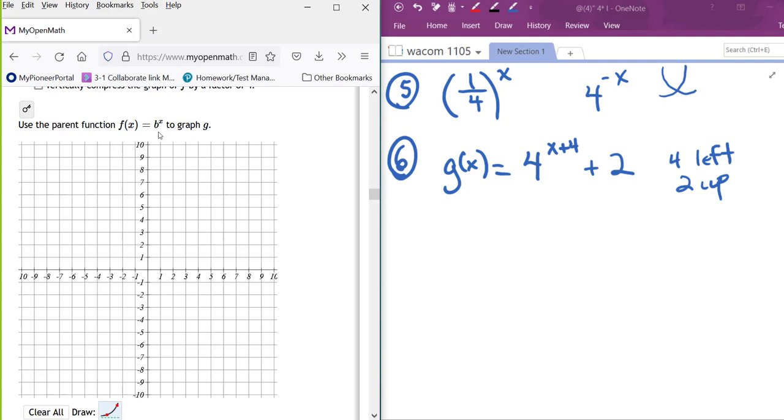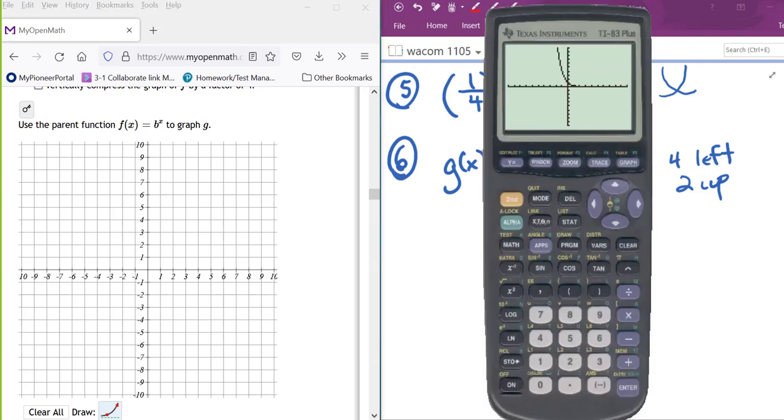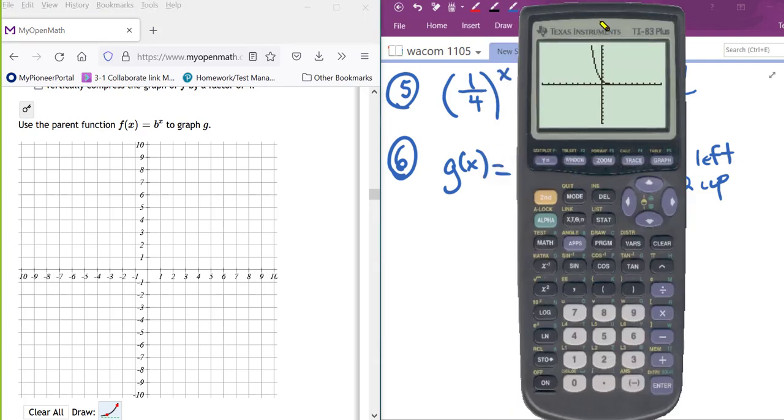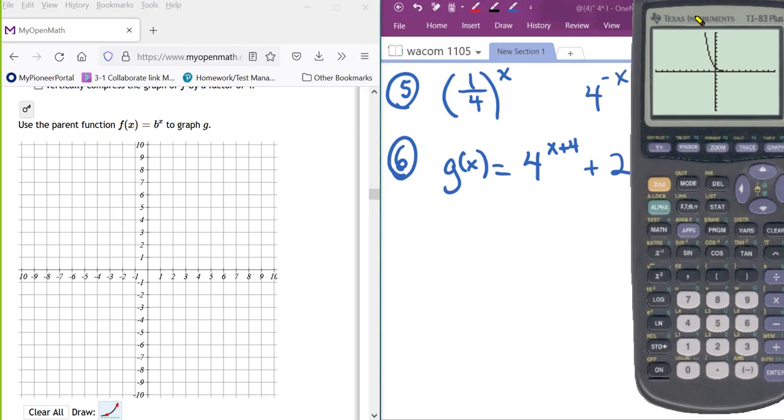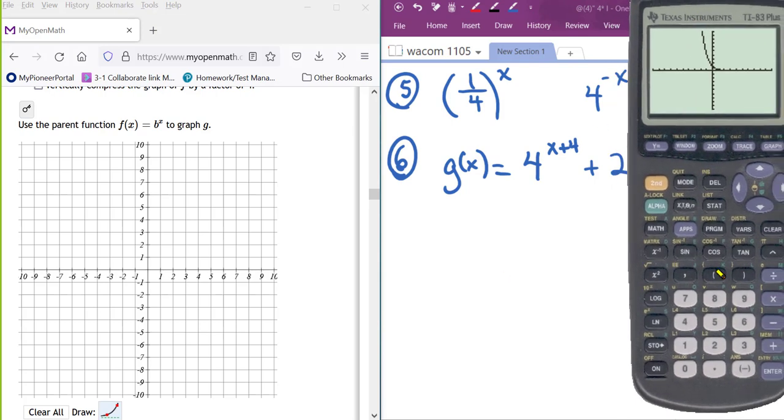And they say use your parent function to graph it. Well, to use our parent function, we're going to need 2 points to draw this graph. And you have your calculator. You could actually put that function in. So let's pull back up though, clear this one out, and just do 4 to the x.